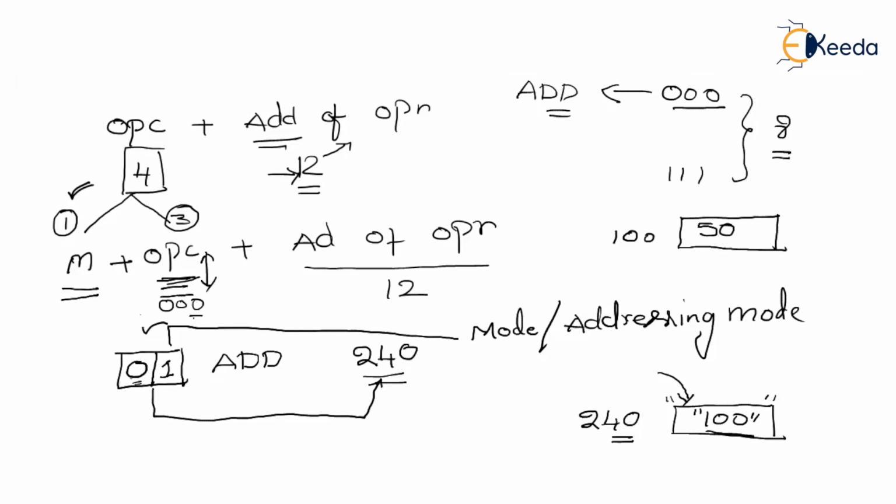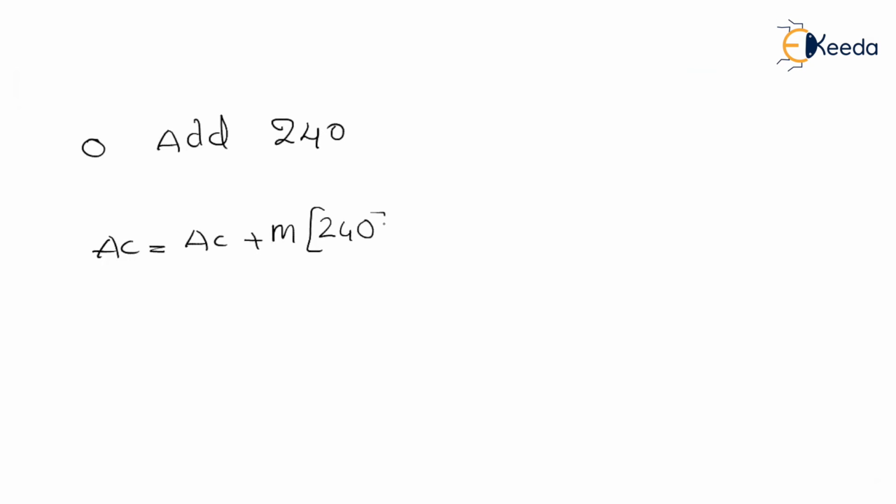Now, once again, have a look at the 0 and 1. 0 specifies a direct address, 1 specifies an indirect address. 0, add 240. What does it mean? Accumulator is equal to accumulator plus memory of 240, which means that at the 240th location, there is a value, and that value needs to be added to the accumulator. But if it is 1, add 240, this 1 is for indirect addressing mode.